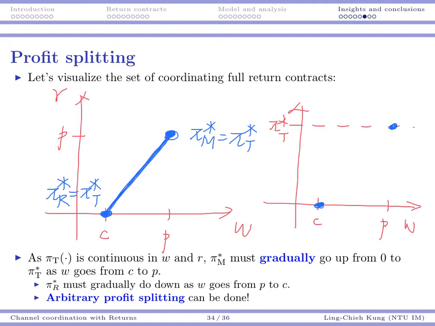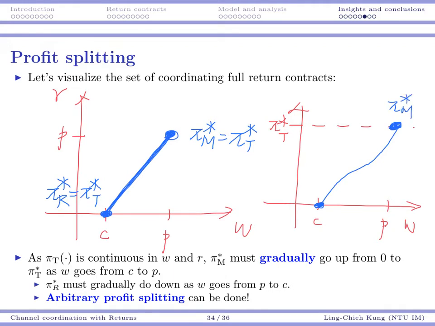What's more important is that because this function is continuous, it must gradually go up from 0 to pi t star. So it must be something like this, for example. It may be of another shape, it may even go up and down, but at the beginning it is at 0, and at the end it must go up to pi t star. So this blue line is pi m star.